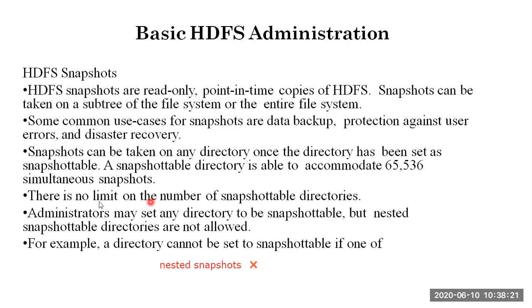And there is no limit on the number of snapshottable directories, so don't fixate on this particular number, 65,536. Administrators may set any directory to be snapshottable. For example, a directory cannot be snapshottable if one of its ancestors or descendants is already snapshottable.